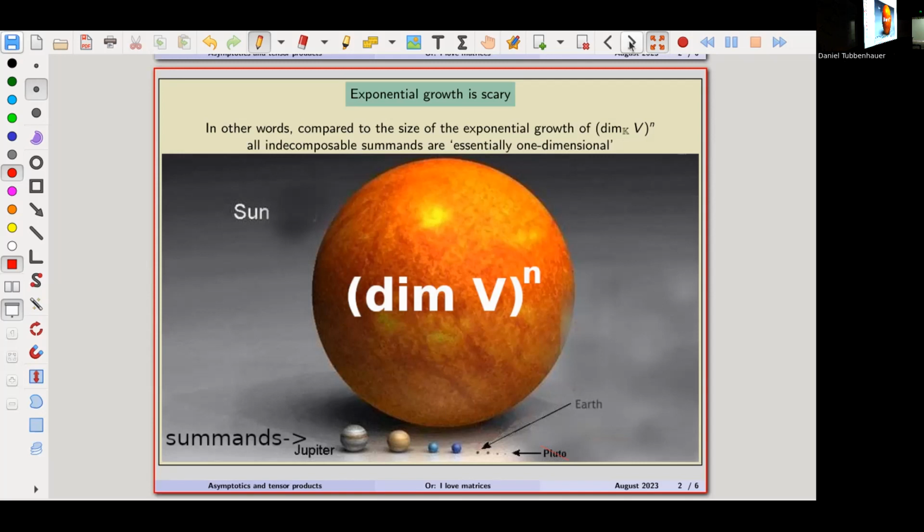Now, let me give you one example. For GL11, you should be able to bound representations by GL1 and GL1, so all one dimensional. It turns out that GL11 has at most 4-dimensional representations. So there's a constant such that every representation here is bounded by a certain constant that only depends on n.